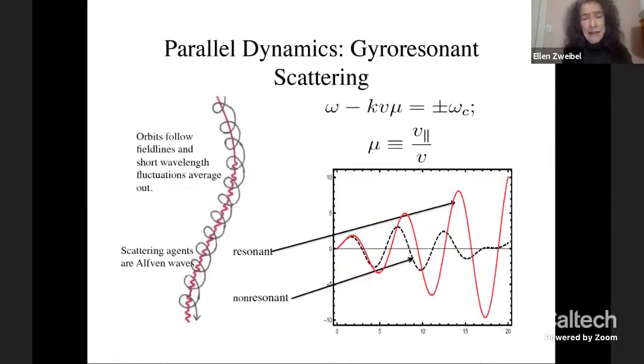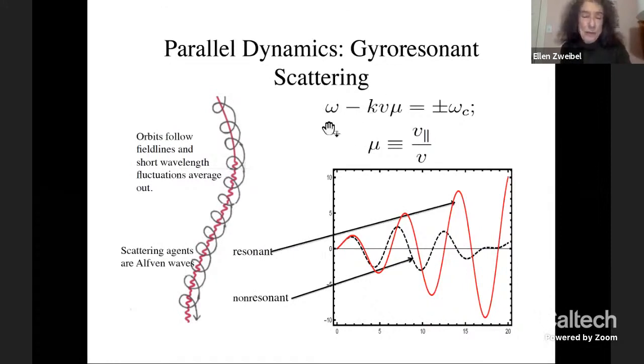We have to understand the parallel dynamics in a different way that really does force us down to kinetic scales. So here I've sketched a magnetic field line in red that has large scale curvature and tiny scale wiggles. And this black helix is the orbit of a particle, a cosmic ray particle. And by and large, this orbit follows the field line and kind of doesn't see these small scale fluctuations. They kind of average out. But there's a special condition.